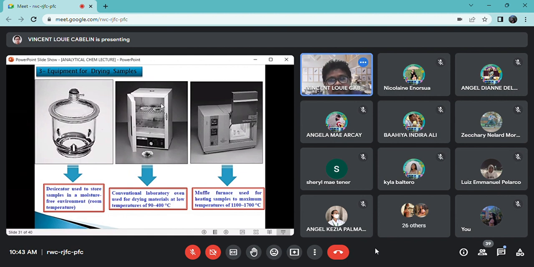Technically, it's just an oven that could heat more than 1,000 degrees Celsius. So you could even melt metal inside the furnace. Imagine those who make metals, melting metals. That's a furnace. Okay? Furnace.